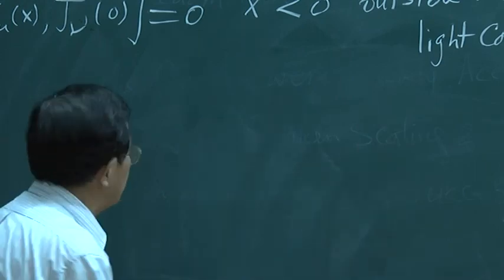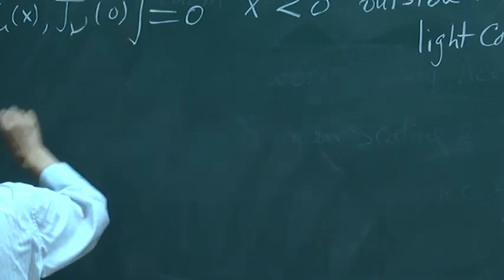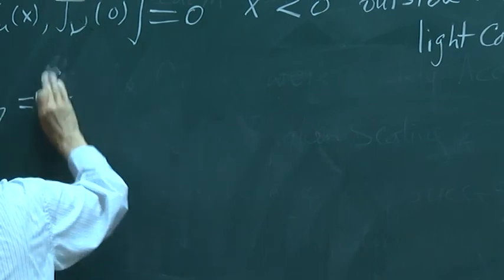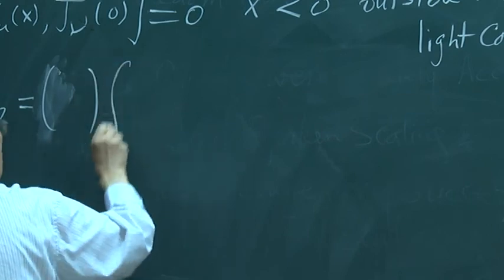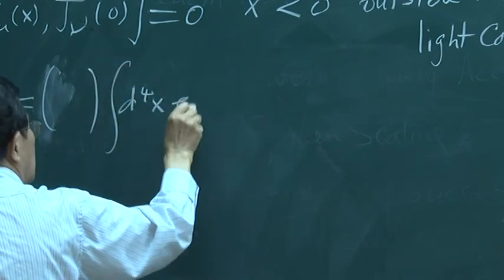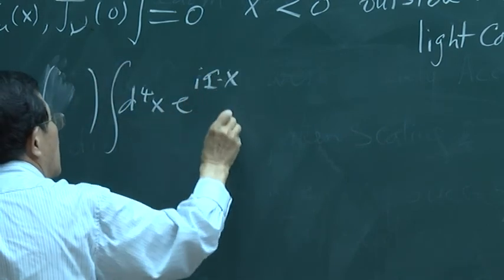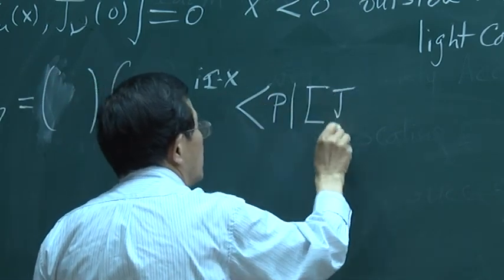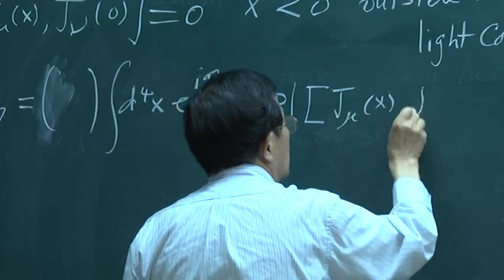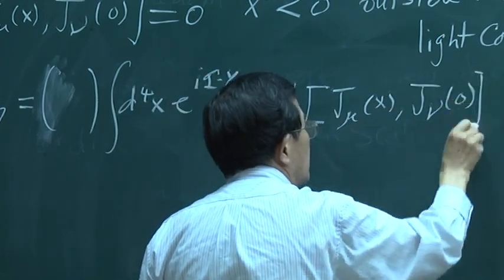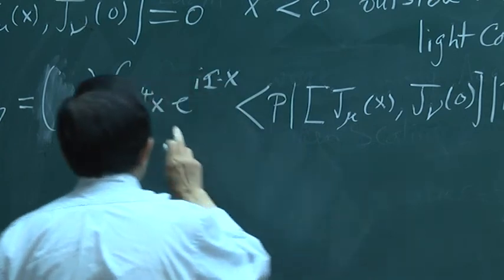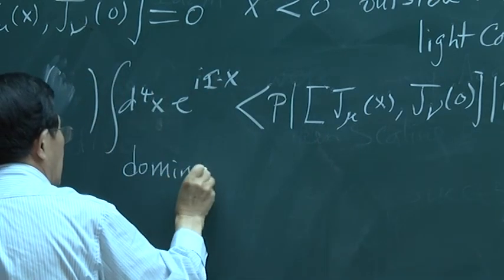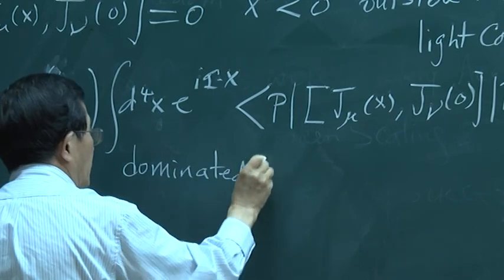Okay, what I wanted to show is that this W_mu nu, because there's some coefficient over here, the integral d^4x e^{iq·x} of <p|[j_mu(x), j_nu(0)]|p>, I want to show that this integral here is dominated by the light cone.